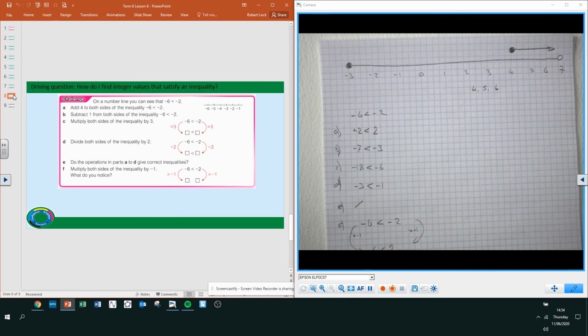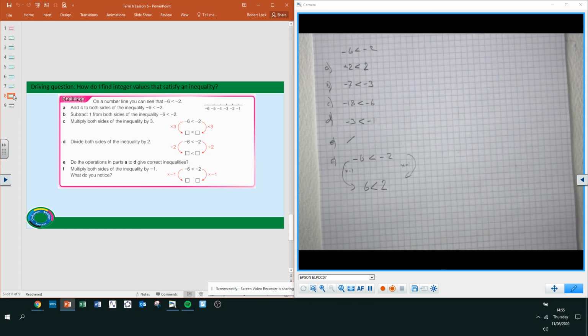So 6 is smaller than 2, which is incorrect because 2 is smaller than 6.